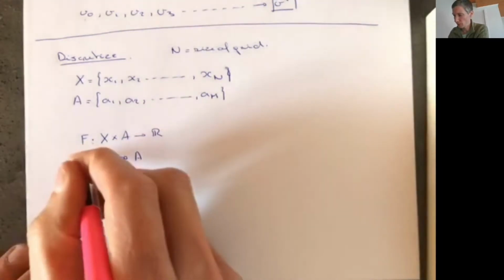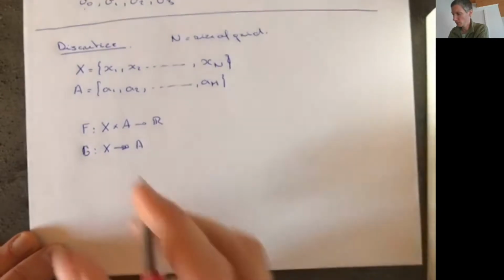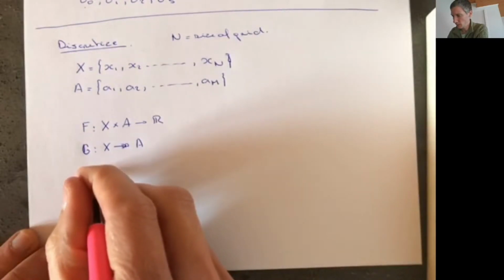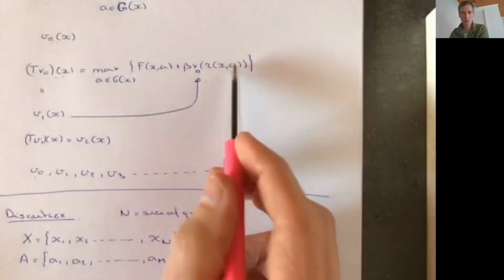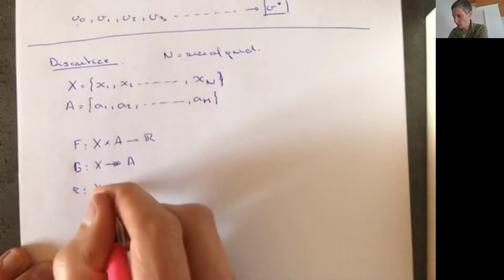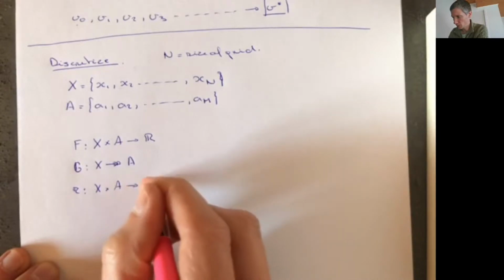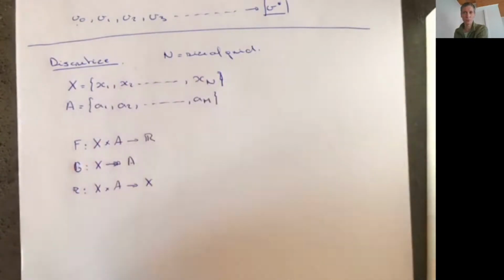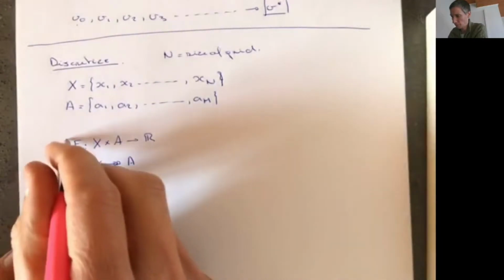Then our law of motion takes a state in here, takes an action in here, and produces a state in this finite set. So we have to make everything adhere to this finite setting.